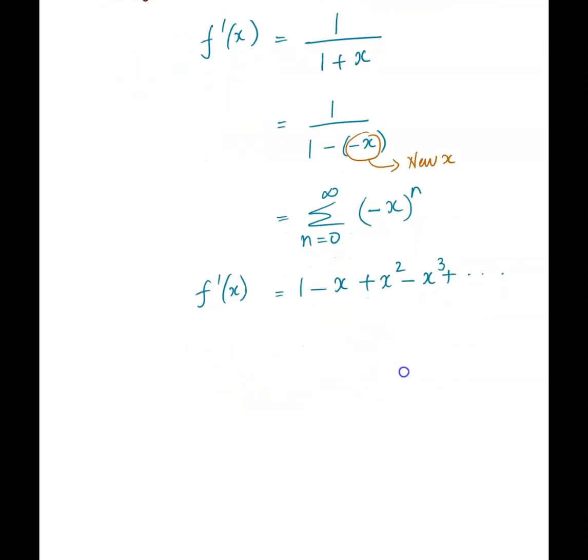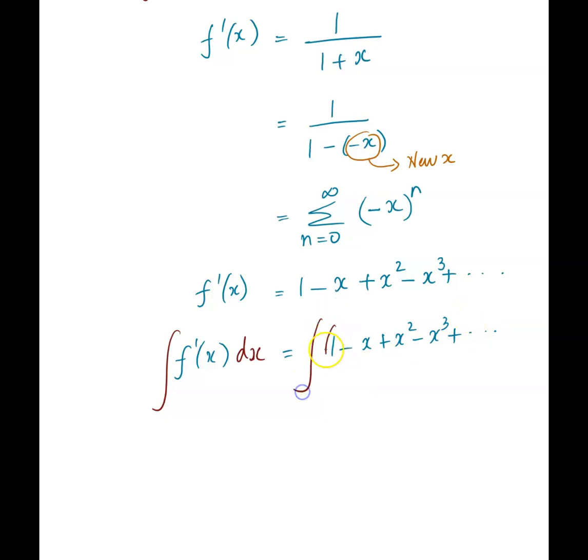Right? Now we use the fundamental theorem of calculus and take the integral. The integral of this dx would allow us to take the integration individually, right? So that will be 1 minus x plus x squared minus x cubed.